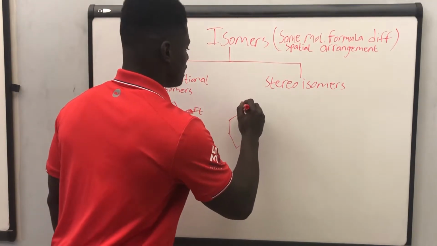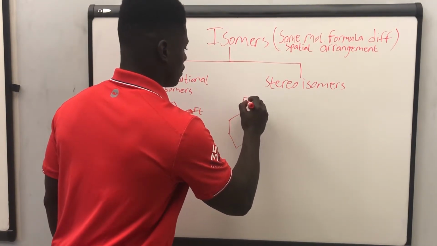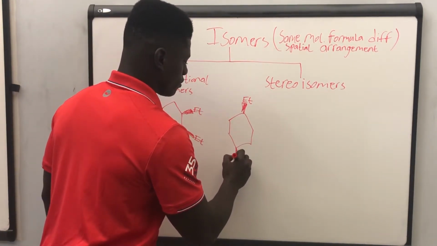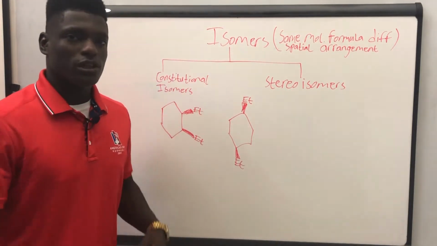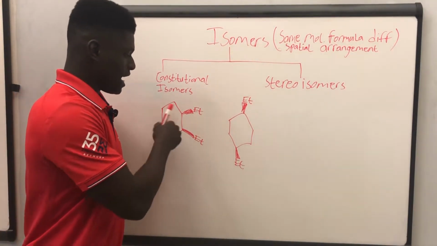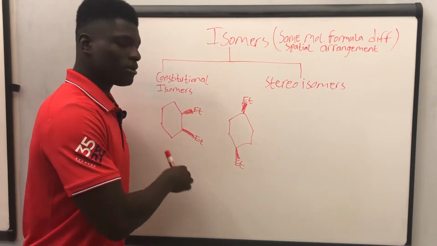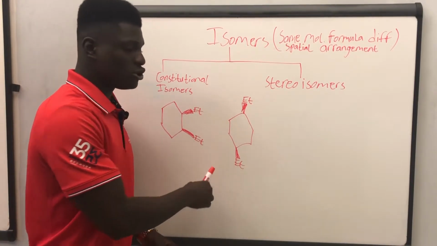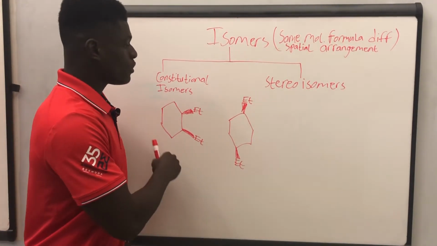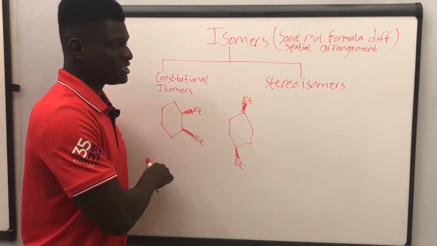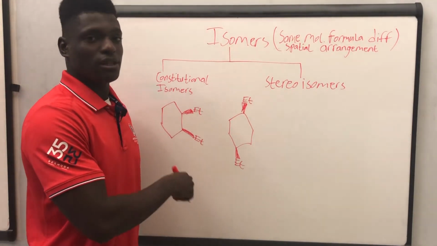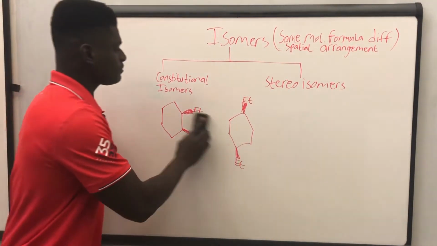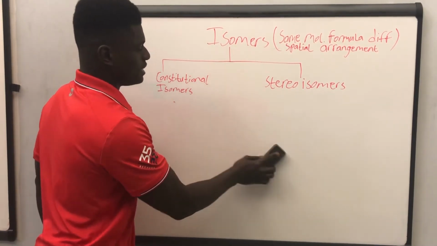But instead of them being on our 2nd and 3rd carbon, let's put them on our 1st and 4th carbon. When we're looking at these two structures, we see they have the same number of carbons, the same number of hydrogens, but how the atoms inside the molecule are connected differs. Therefore, we would refer to these molecules as constitutional isomers. Same molecular formula, different connectivity. So that's the first type of isomer that we're going to be dealing with.